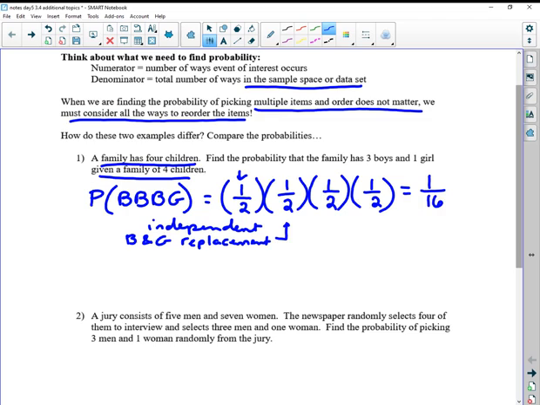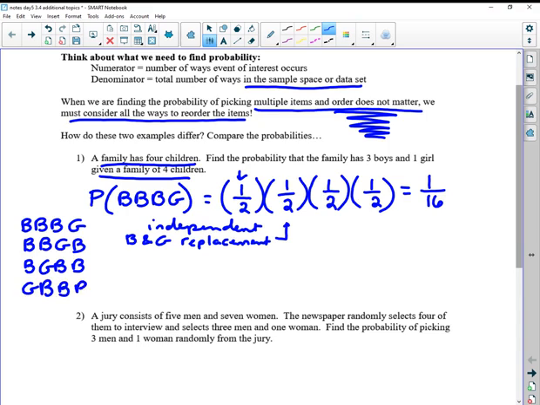Now, go back to the problem and say, but order does not matter. They didn't say it had to be a boy first and then another boy, boy, and then the girl had to be the youngest. We could have had a family of boy, boy, boy, girl, but we could have had that girl as the 3rd child or the 2nd child, if I'm looking at the sample space, could have been any of those ways.